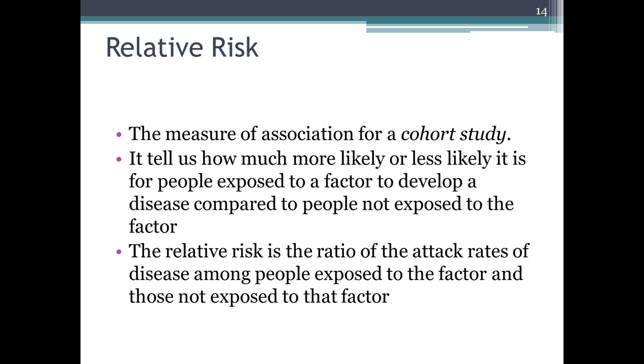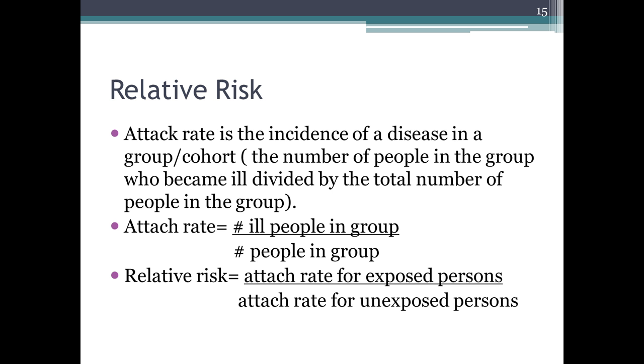The relative risk is basically the ratio of the attack rates of the disease among the people exposed to the factor versus those who were not exposed. To calculate the attack rate, you will need first to calculate how many people were ill in a group and what is the total number of people in a group.